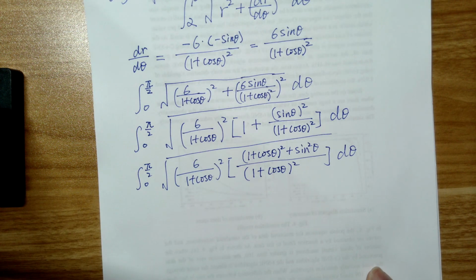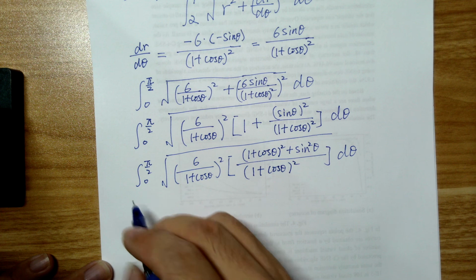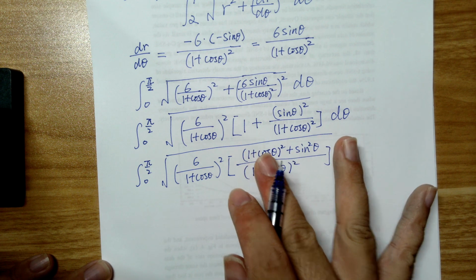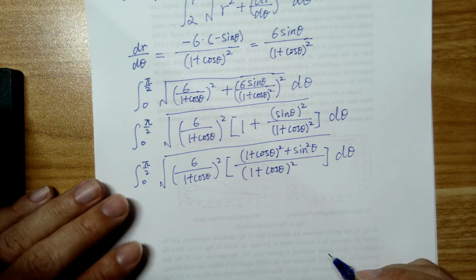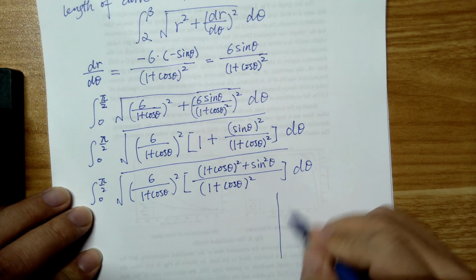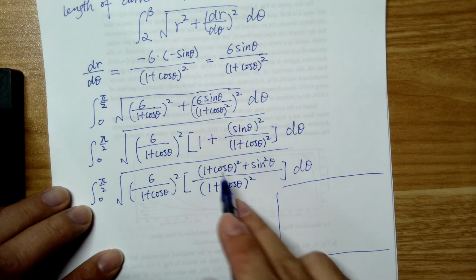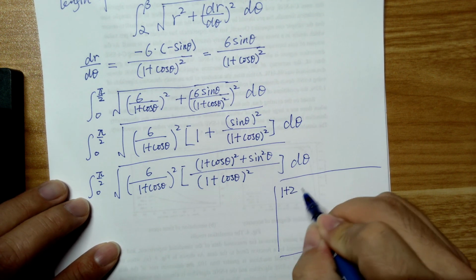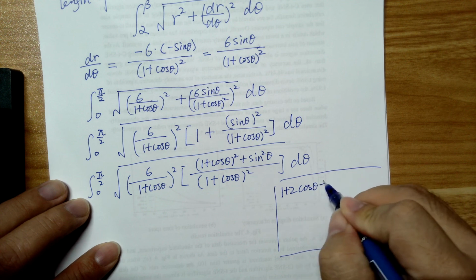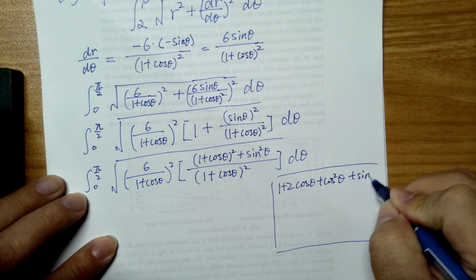It turns out there is something we can simplify, because if you expand this part, maybe I can just use this little space to show this. It's going to be 1 plus 2 cosine theta plus cosine squared, and then plus sine squared theta.